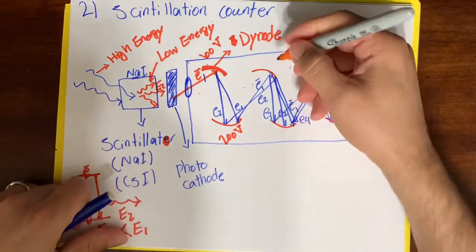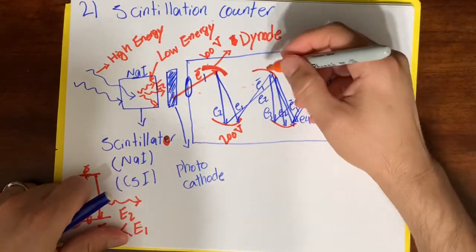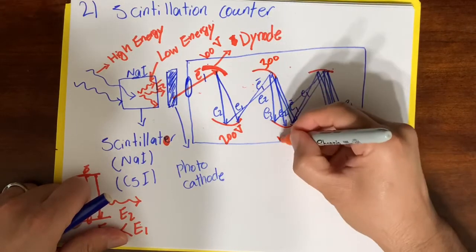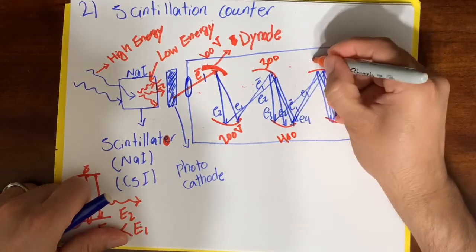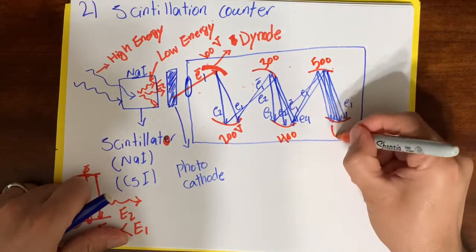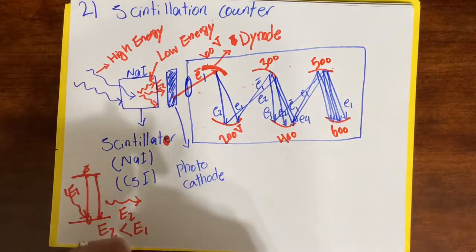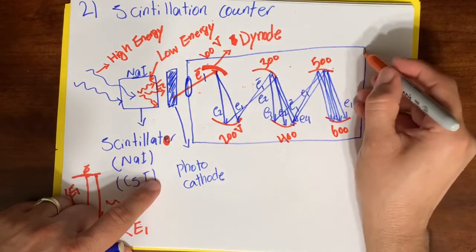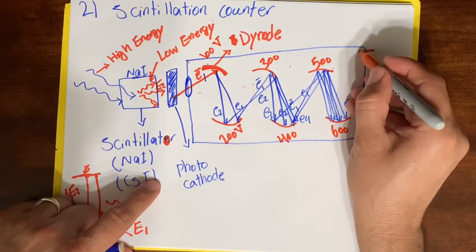And again, every time I go down I increase the voltage. This one is going to be 300, here 400, that one 500, and this one is going to be 600. And each of these diodes is connected to a pin.